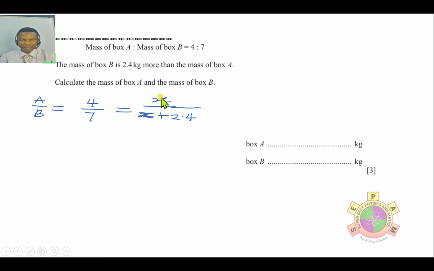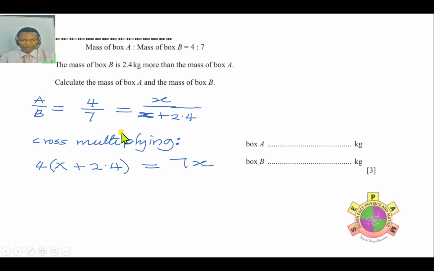You can use C, D, F, J, depends on what you want to use. I just decided to use letter S. So next thing we are going to do is to cross multiply.